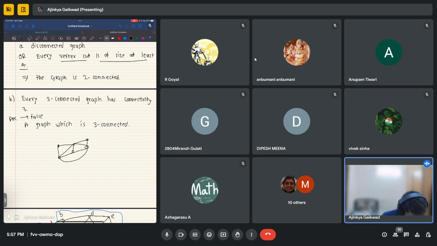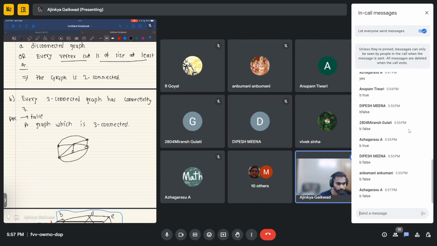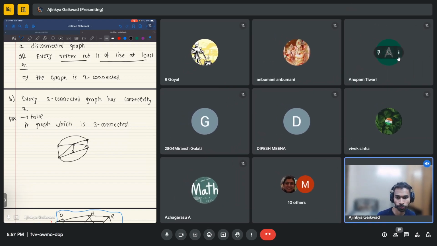Let's construct a counter example where this statement doesn't hold.